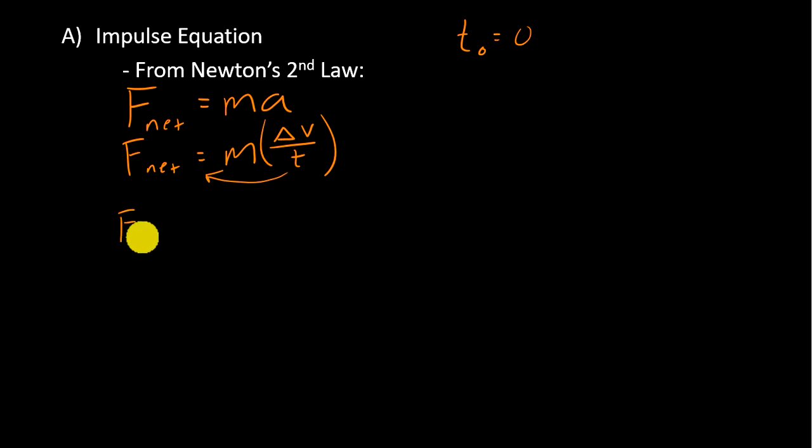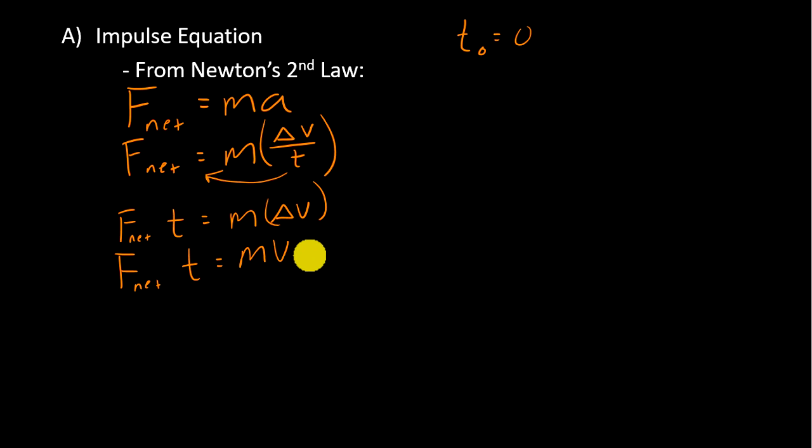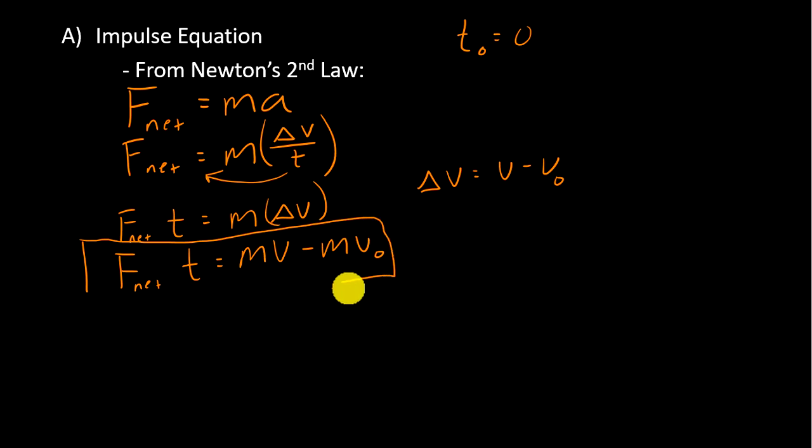So that means that F net times t is equal to m times delta v, or net force times time is equal to mv minus mv naught, because of course delta v is equal to v minus v naught. This right here is what's known as the impulse equation. It's simply, really, a form of Newton's second law.